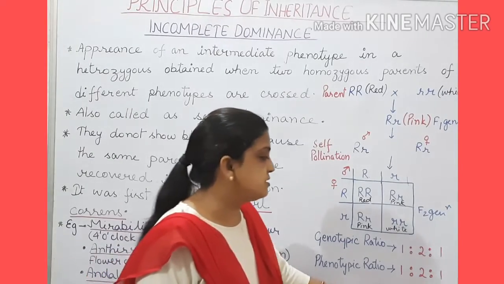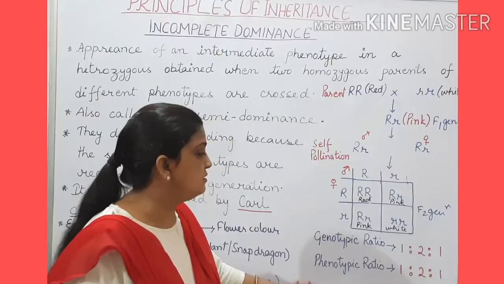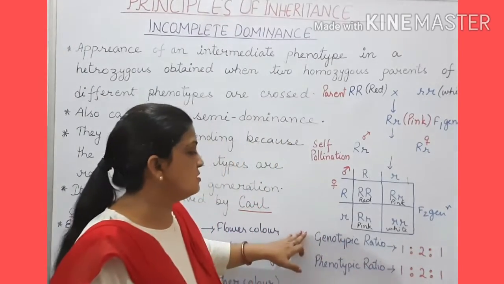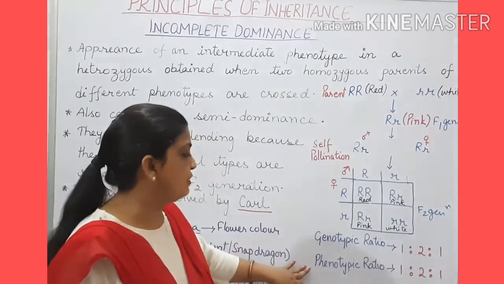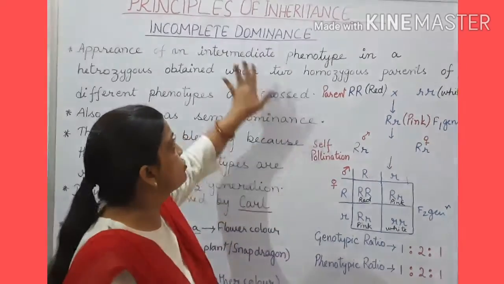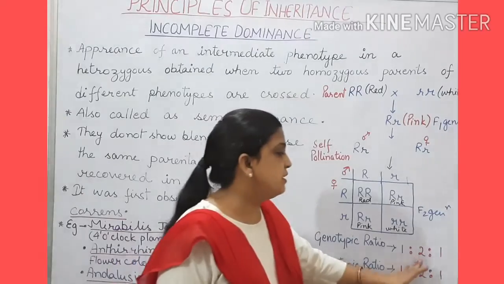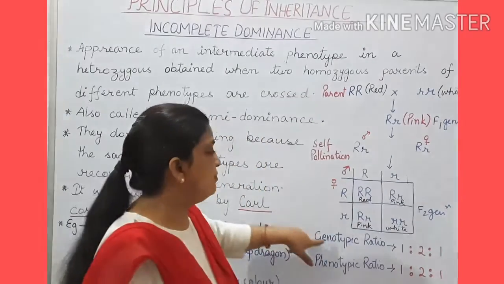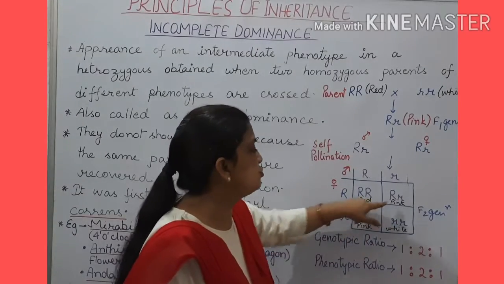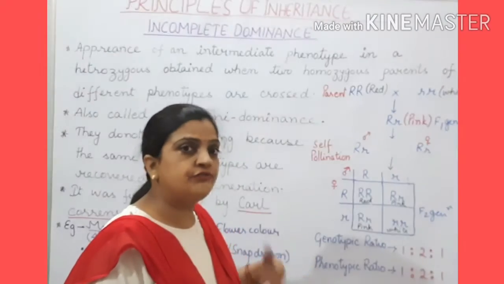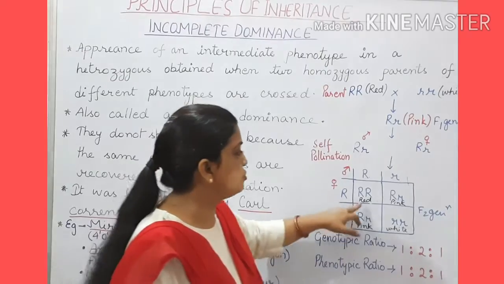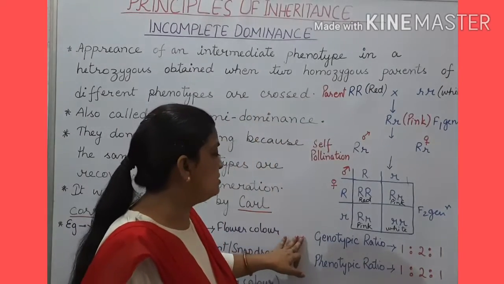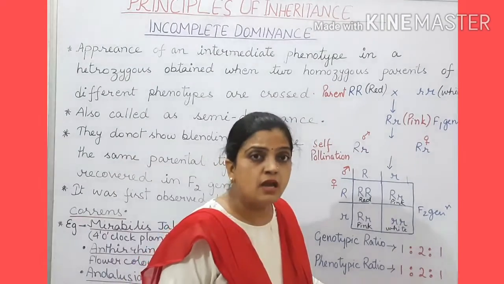But here the results are deviating and you see that the result obtained is 1:2:1. Both the genotypic ratio and the phenotypic ratio obtained in incomplete dominance are 1:2:1. Why? You can see the result here. According to genes it is 1:2:1, and according to phenotype, the character expressed is also 1:2:1. So during incomplete dominance, genotypic and phenotypic ratios are the same.